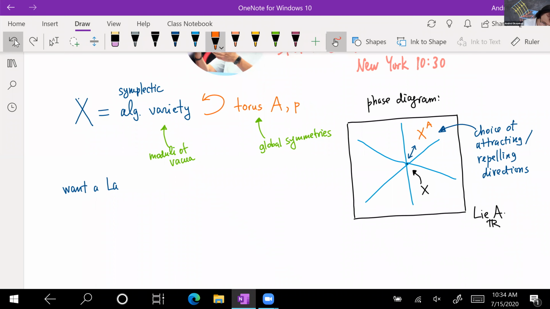So the strategy would be that we construct this inductively. Since the whole attracting manifold is constructed inductively, it makes sense to construct homological functions inductively.